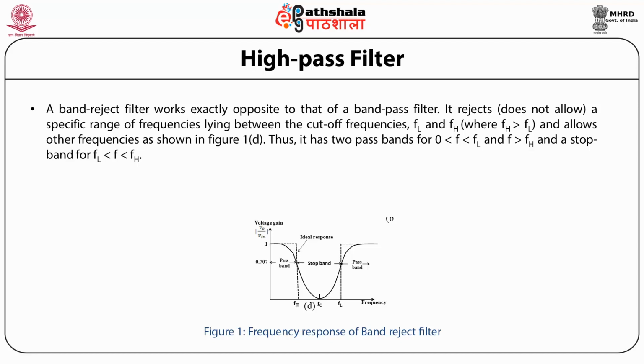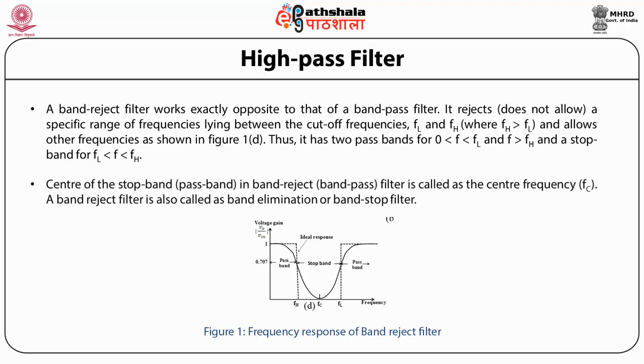Thus, it has two passbands for F lying between 0 to FL and F greater than FH, and a stop band for frequencies F lying between FL to FH. Center of the stop band in a band reject filter, or we can say passband in a bandpass filter, is called the center frequency FC. A band reject filter is also called a band elimination or band stop filter.